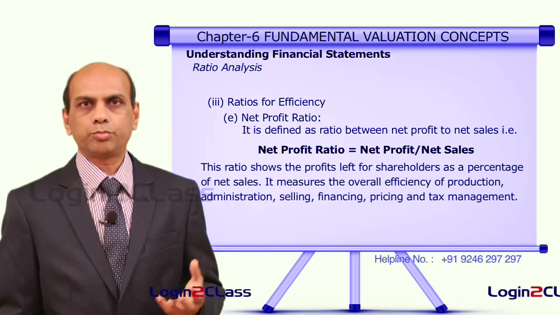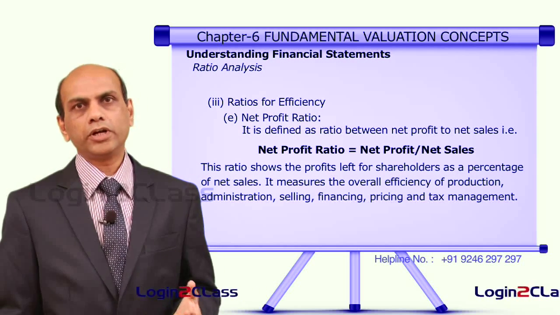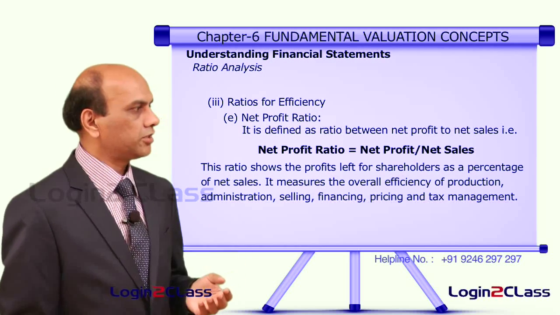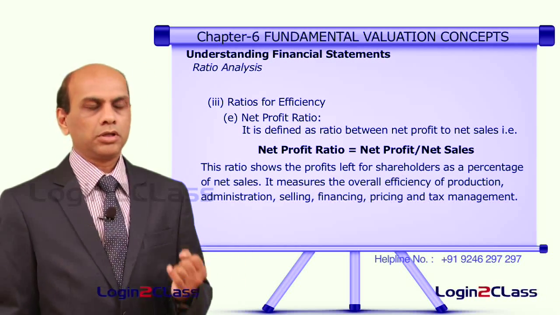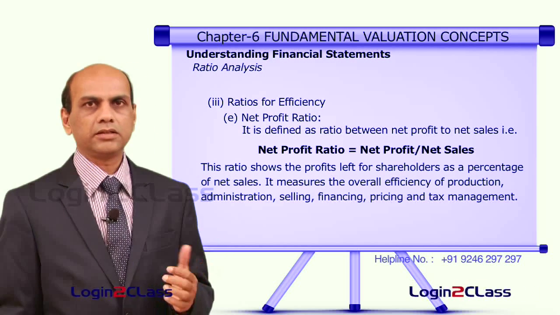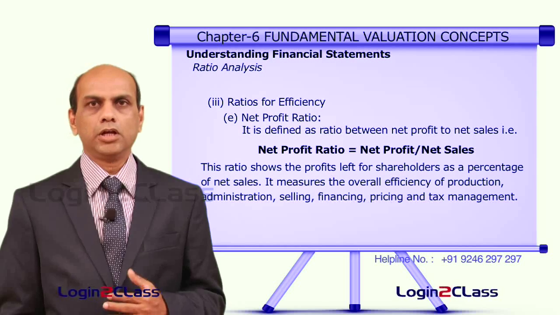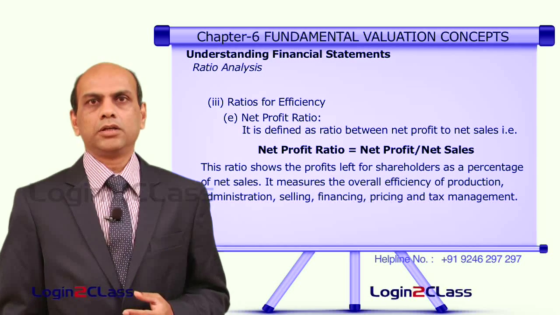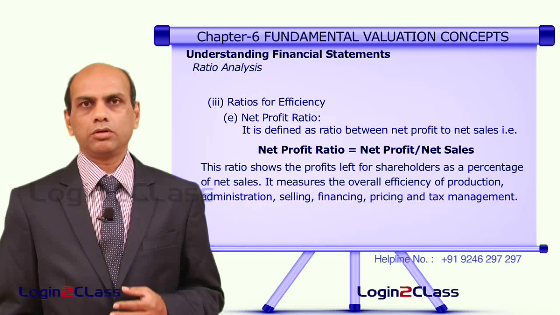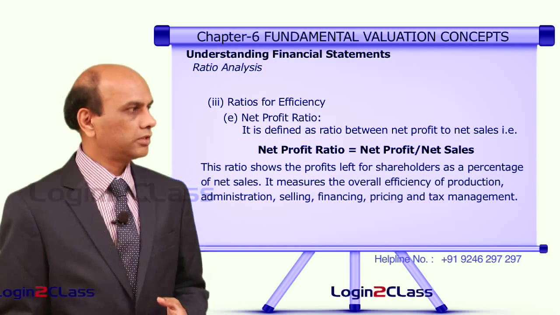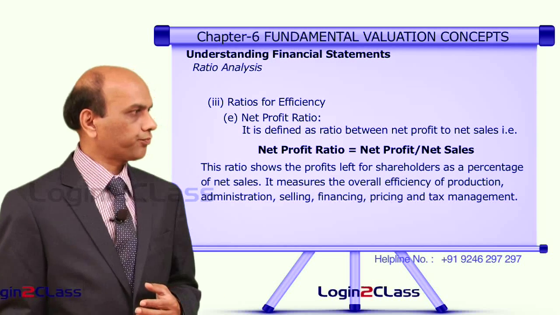So, how much net profit they are able to generate out of the sales they are doing. This measures overall efficiency of production, administration, selling, financing, pricing and tax management. So, best management by the company will give better net profit ratio, which will be very helpful for the company's growth as well as for the shareholders as such.